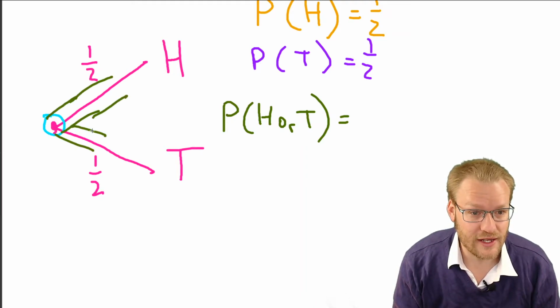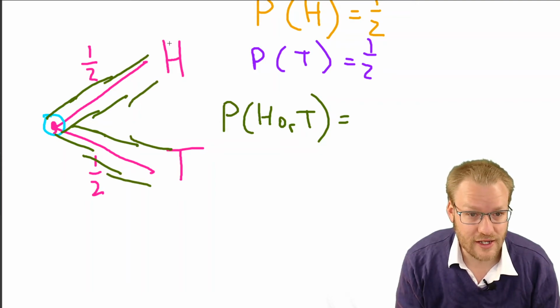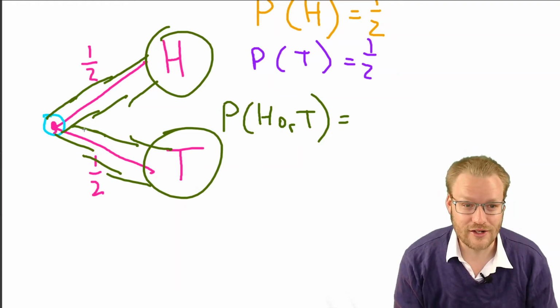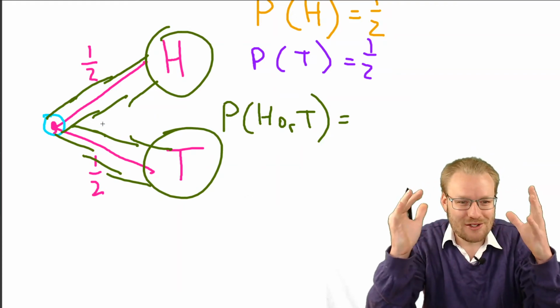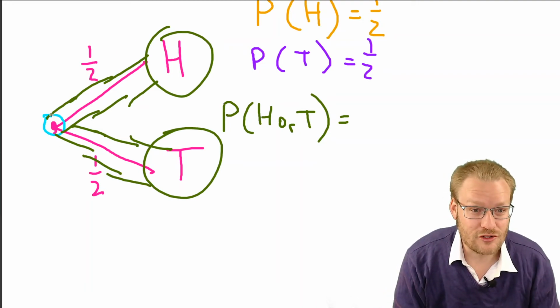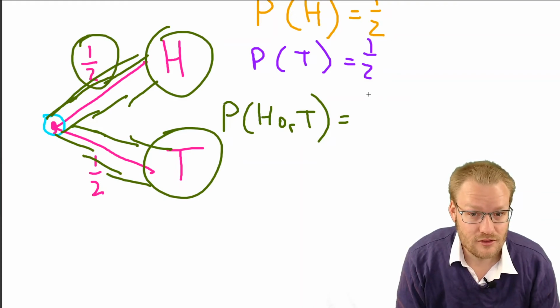So we're going there for heads, or we're going that way for tails. Hopefully you get the idea that we're going along either of these branches. We can get a head, so we can go for that half, which relates to the head that we had before.